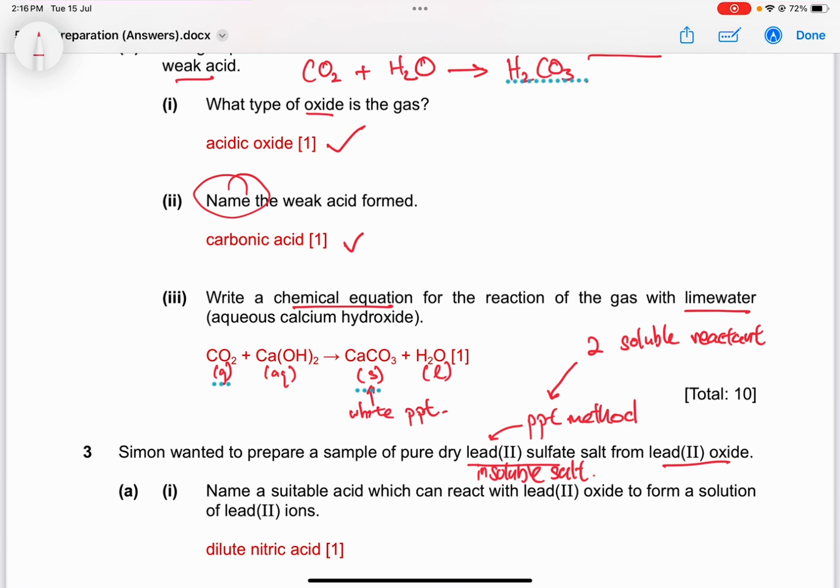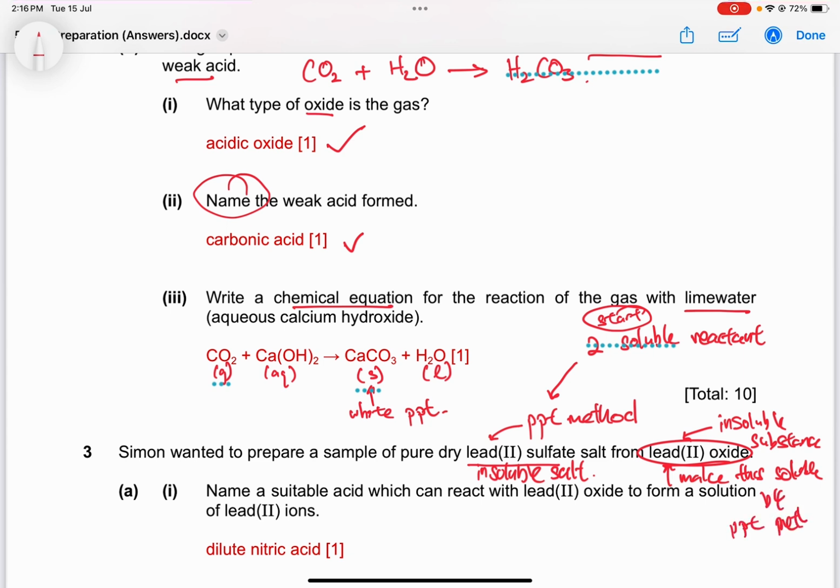But lead 2 oxide here is an insoluble substance. So I'm stuck. I cannot straight away use precipitation. I must do something about the lead 2 oxide to make it soluble first, before doing the precipitation method.